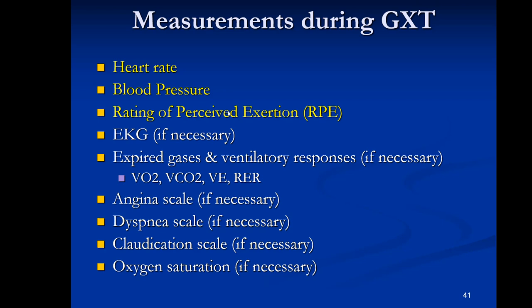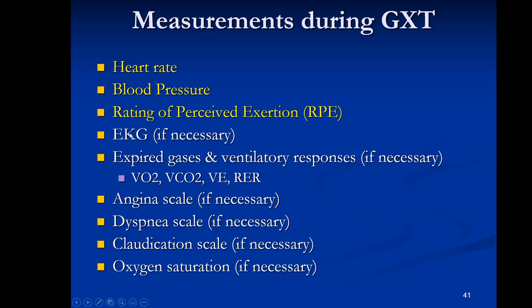And the 4th one that's not up here, that seems like a no-brainer, but I should mention it, is just monitoring the patient's signs and symptoms. So you always want to make sure you're monitoring the patient, or I should say client or participant if it's not in a clinical situation, just to make sure that they're doing okay and they don't have any overt signs or symptoms that might indicate that this test needs to stop.